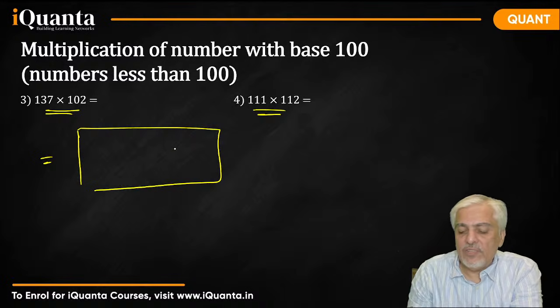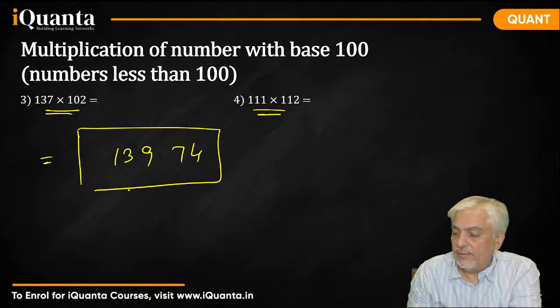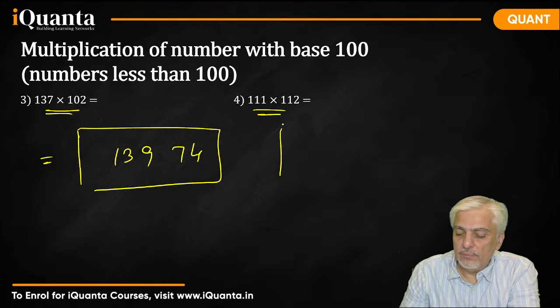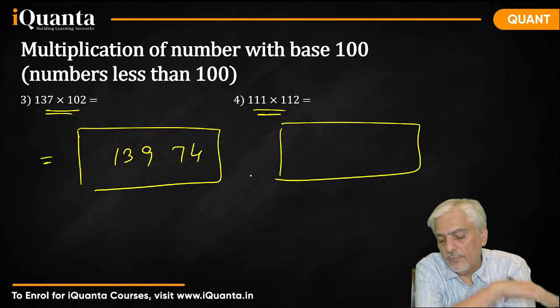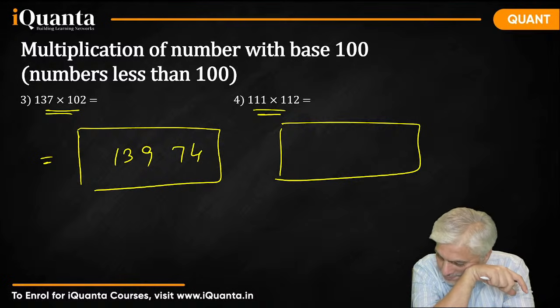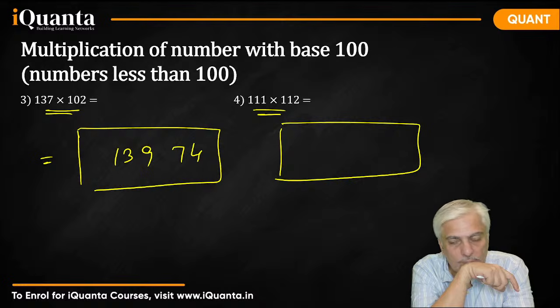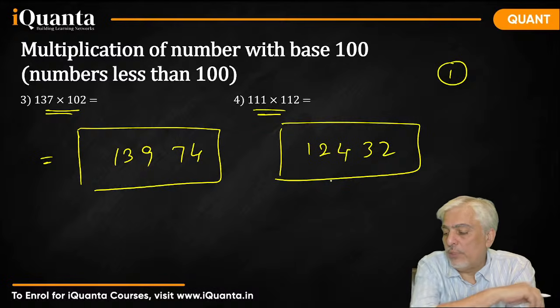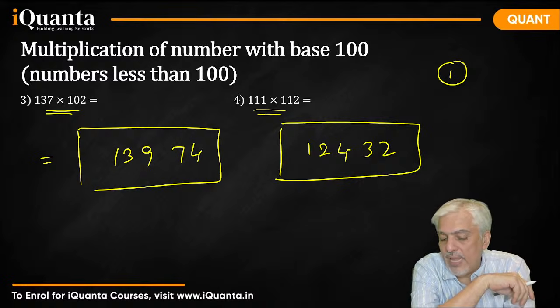Drishti has written 74 and 139. 13974. Good. What about here? 32, 1 carryover. 123 plus 1, 124. 12432. I'm liking it that people are not making mistakes. Good. Very nice.